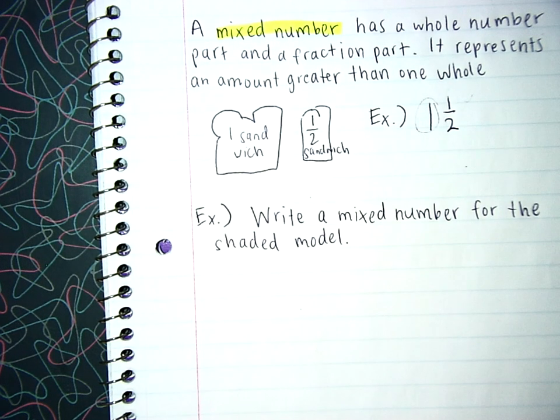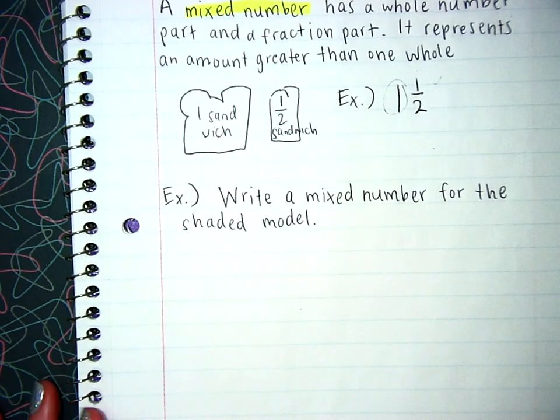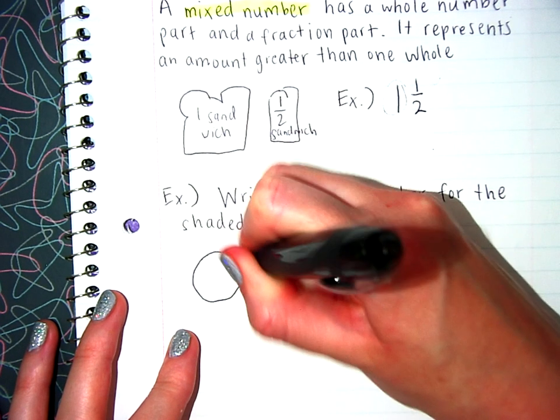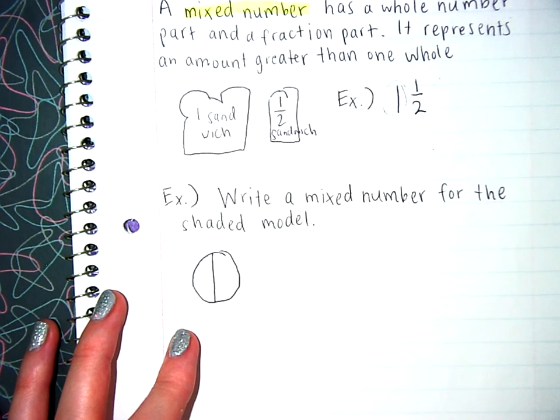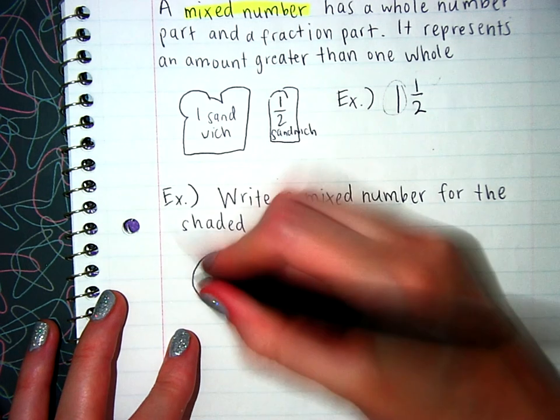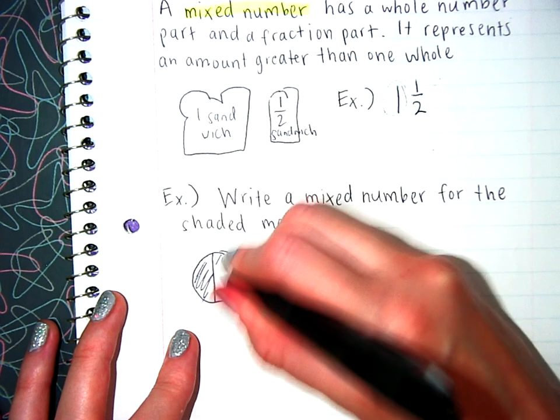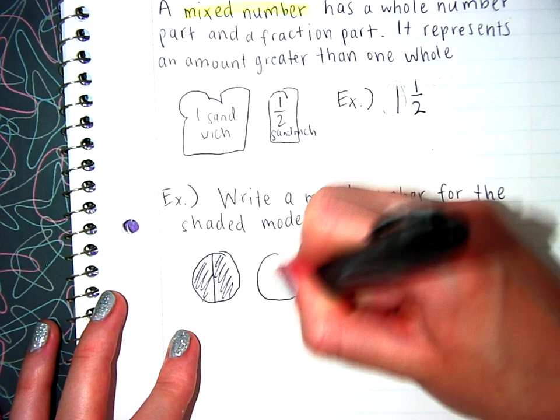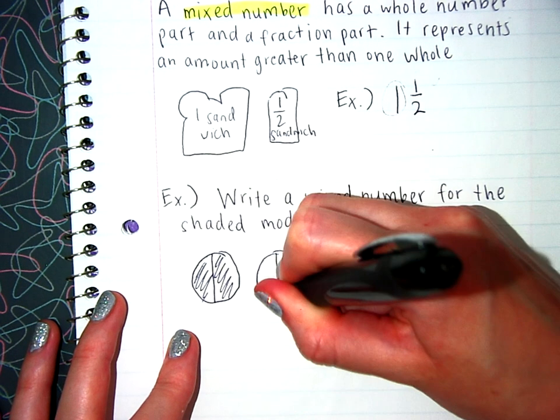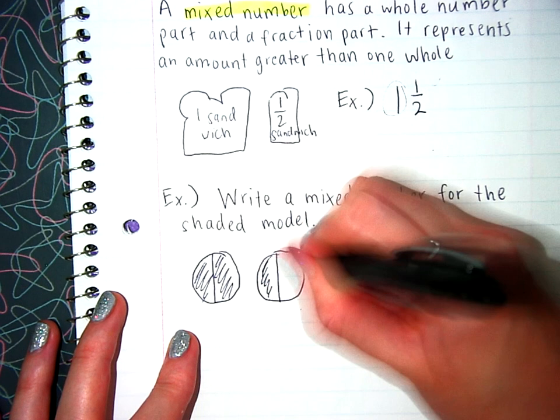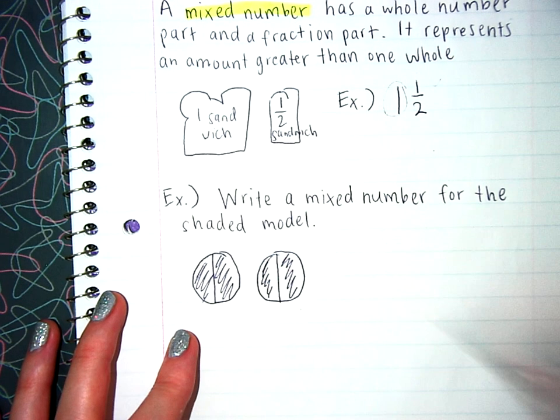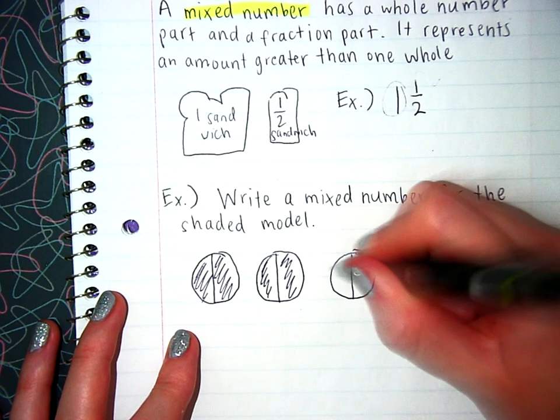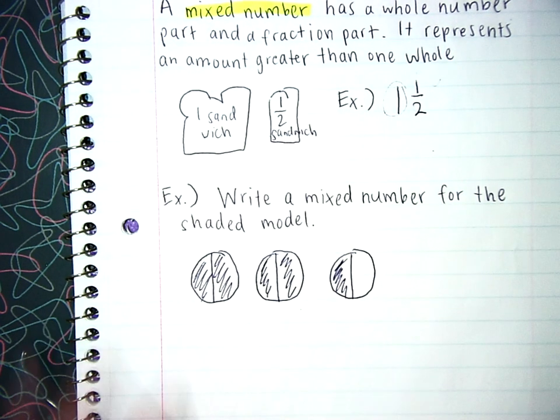And remember, when you're talking about shaded, it's just whatever is colored in. So I have my circle, and I'm going to shade in both of the parts. Then I have my second circle, and I will go ahead and shade in both of the halves. And then I have my last circle. I'm going to just go ahead and shade in one of them.